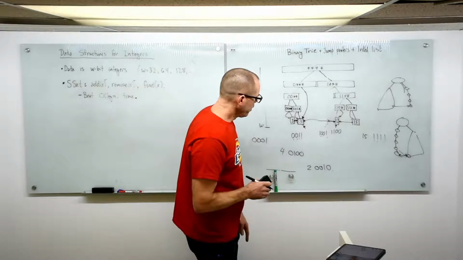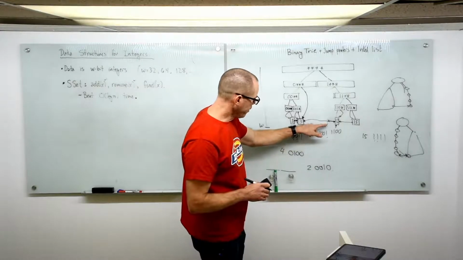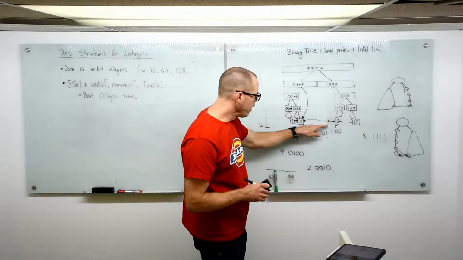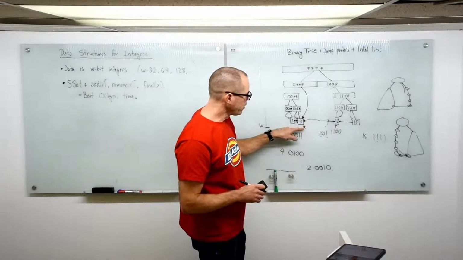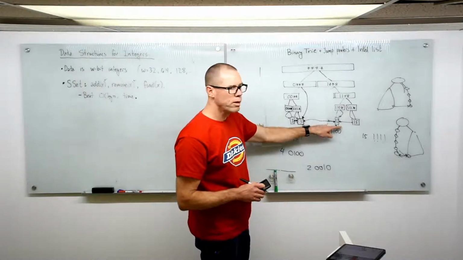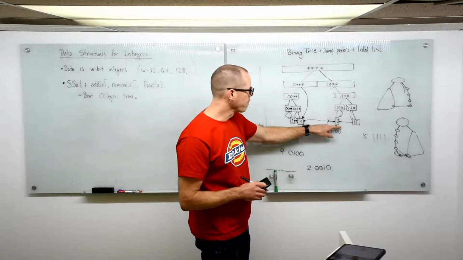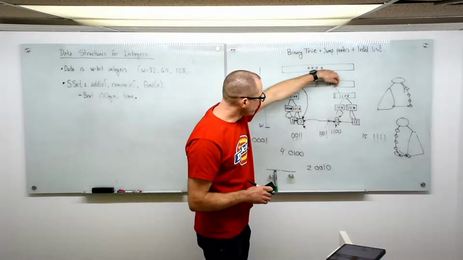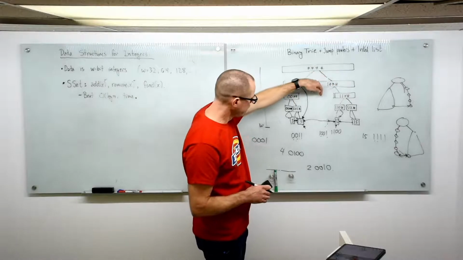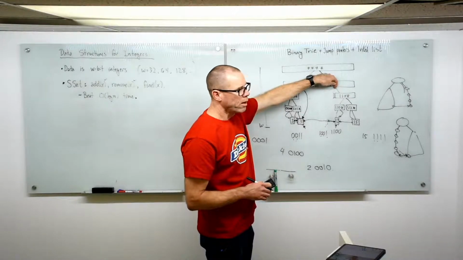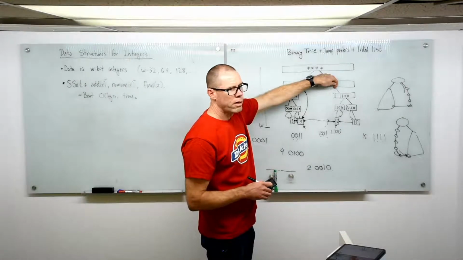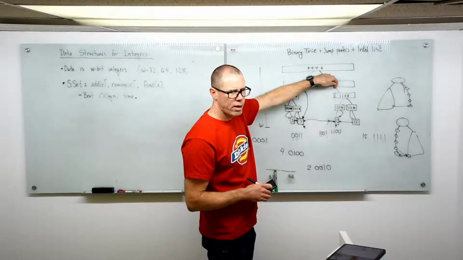And remember, when we removed 9 from this linked list, we kept these 2 pointers to the largest thing smaller than 9 and the smallest thing bigger than 9. And in this case, because we're missing a left child, what we want this jump pointer to point to is the smallest thing that is larger than 9.